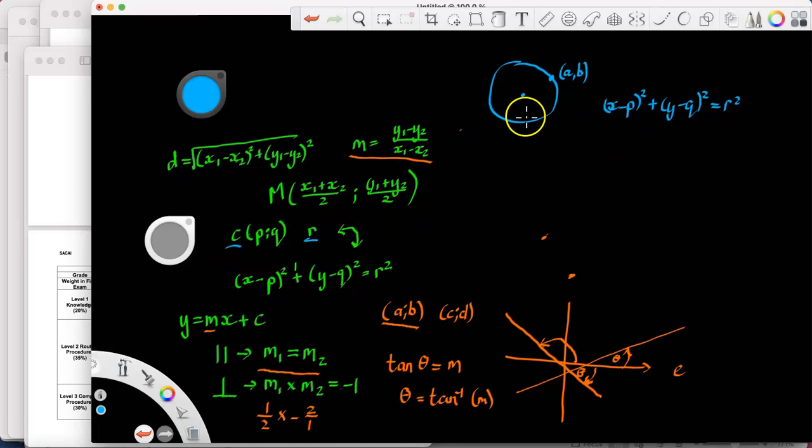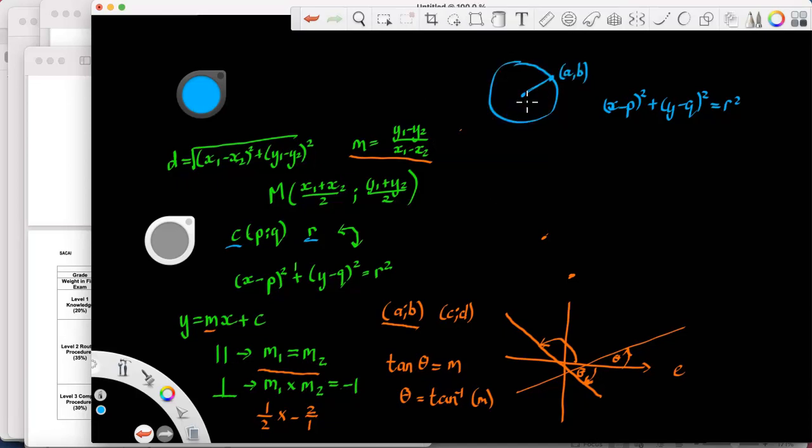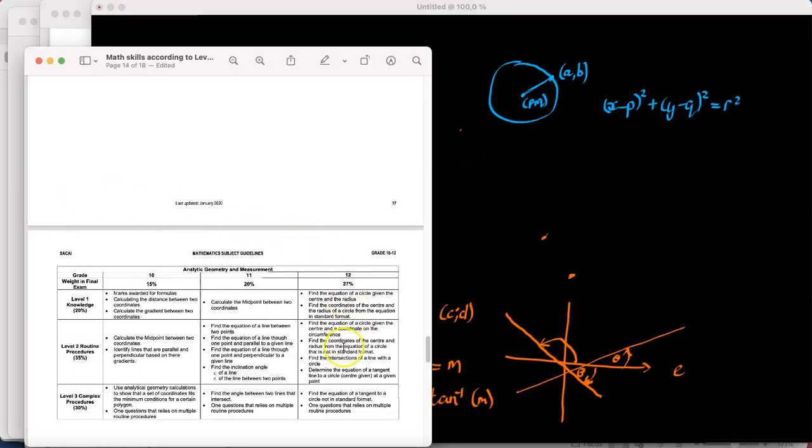So now I need r, the radius, which means the distance between those 2 points. I have these 2 points, so I just need to calculate that, and I use the distance formula for that. Look how easy that is. If I know my work, I know how to do the rest.